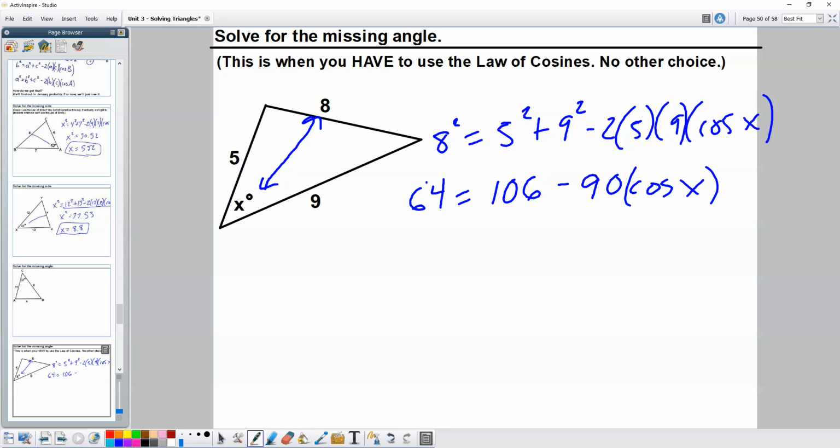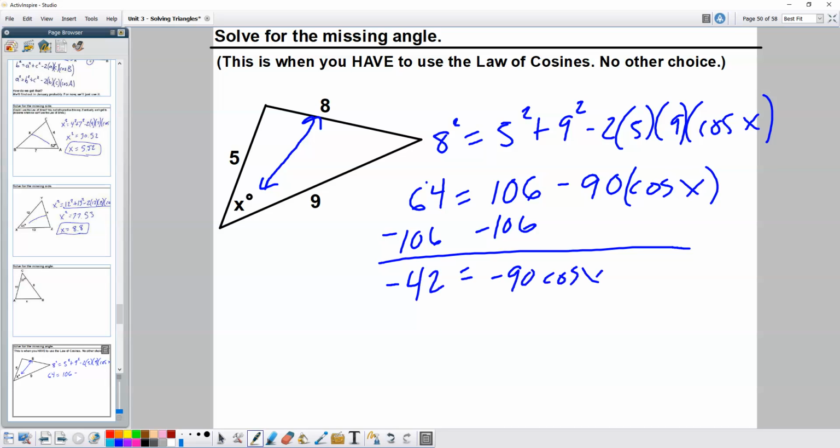And I'm going to solve this. So I'm going to take the 106 over here. That's negative 42 equals negative 90 cosine of x. So I'm trying to get that cosine of x by itself so that I can make it inverse. So I'm going to divide by negative 90 on both sides.